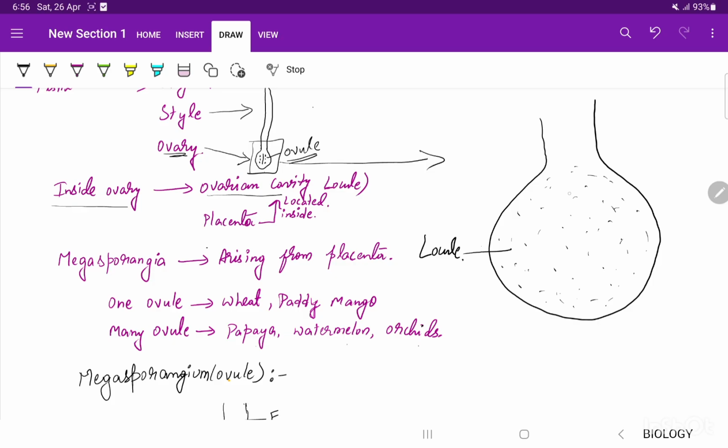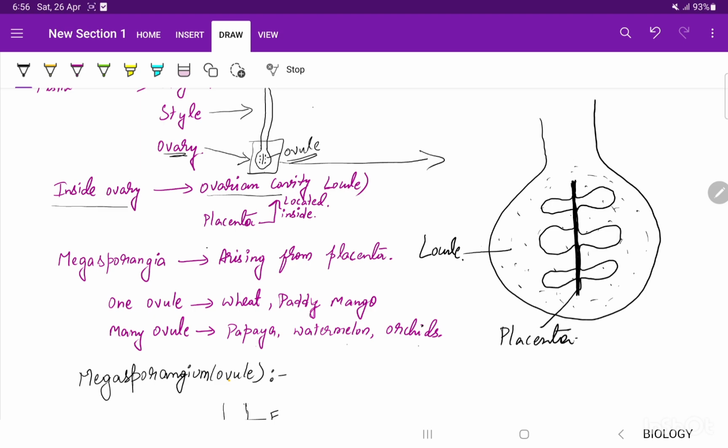Inside the ovarian cavity there is placenta. For example, I am drawing placenta here. We have seen placentation in PUC first year. Arising from this placenta are these structures, called megasporangia.